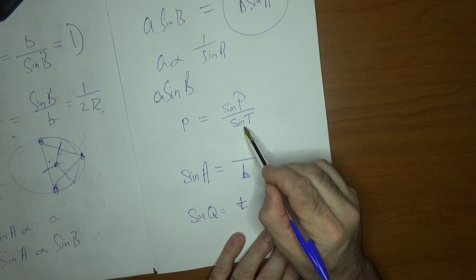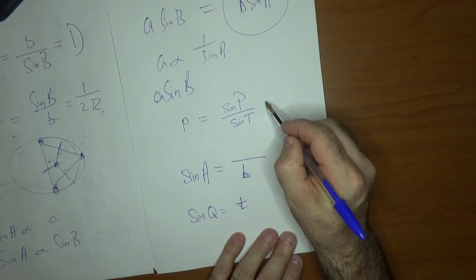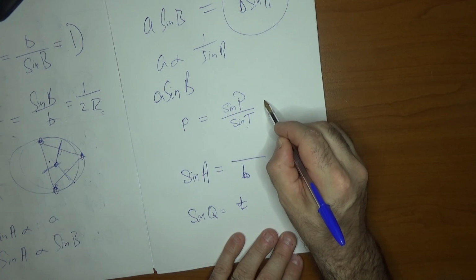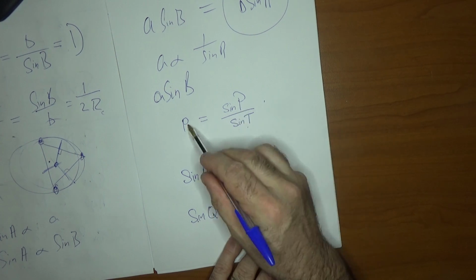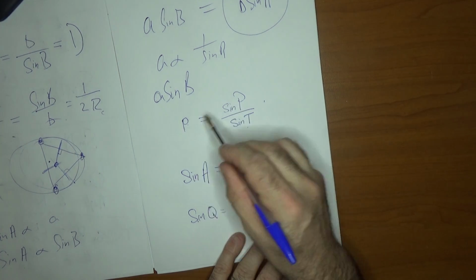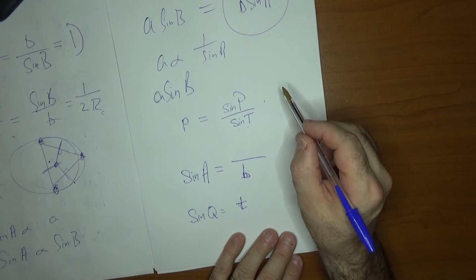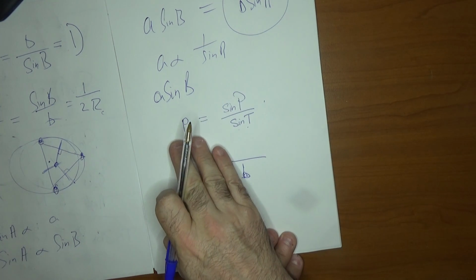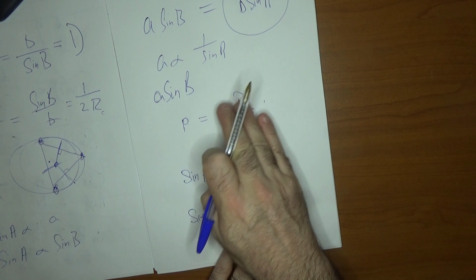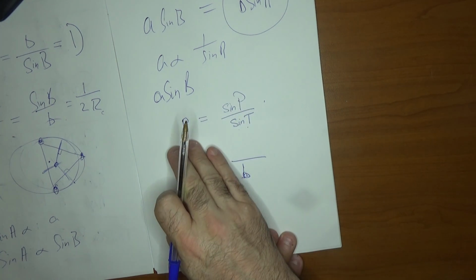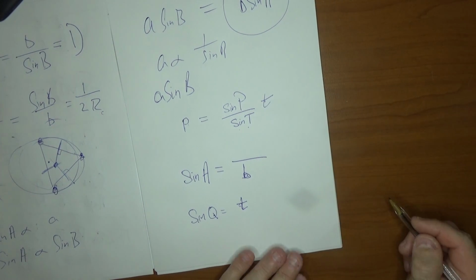And when I see a sine of T here, and when I see a letter here, I know I need a letter here. Oh, hold on. No, that's not good. Stupid me. No, sine of P would be down here. And sine of P would come up. P over sine P is equal to T over sine T. Yeah, there we go.